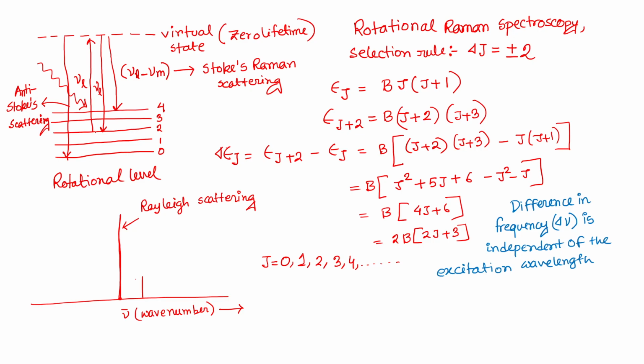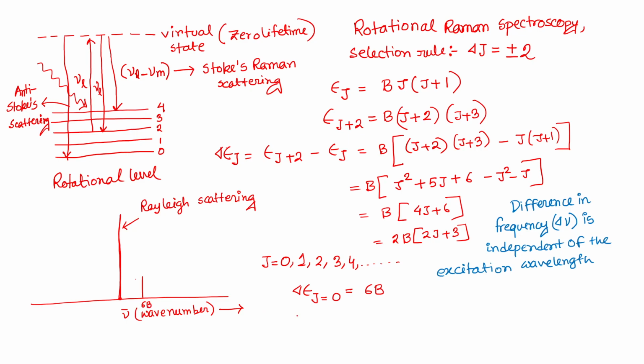The initial J is 2 and it will go to 0, right? So when your J is 0, you are actually going to get 6B. So this will be your 6B.